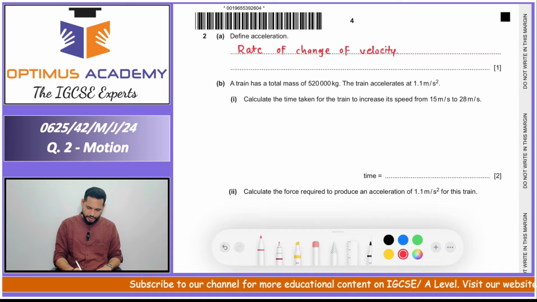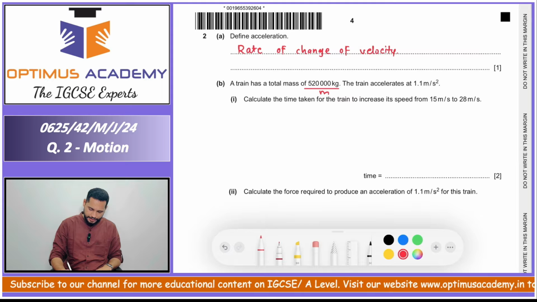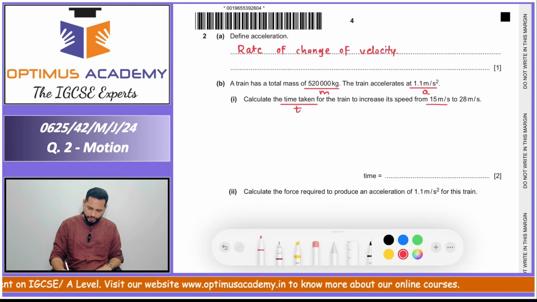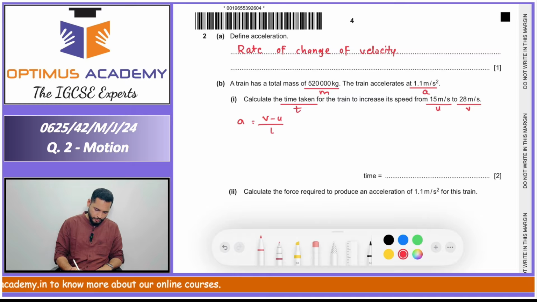Question B says a train has total mass of 520,000 kg. The train accelerates at 1.1 meter per second square. Calculate the time taken for the train to increase its speed from 15 meter per second to 28 meter per second. We know the formula for acceleration. It is v minus u upon t.